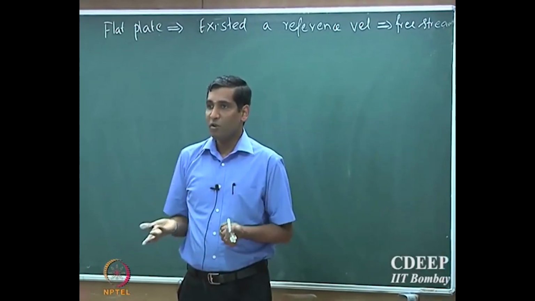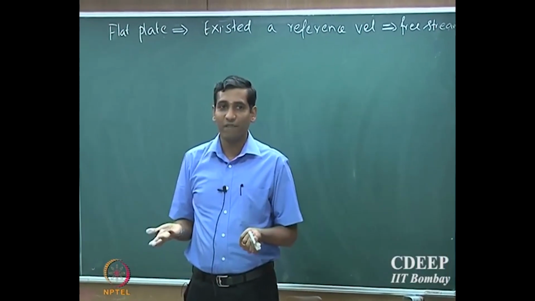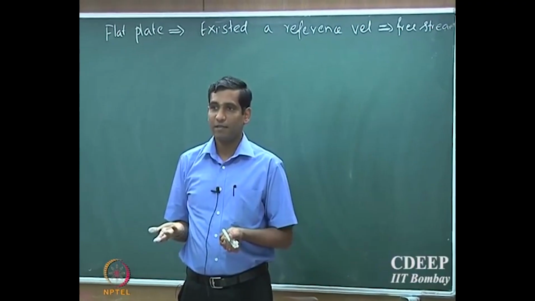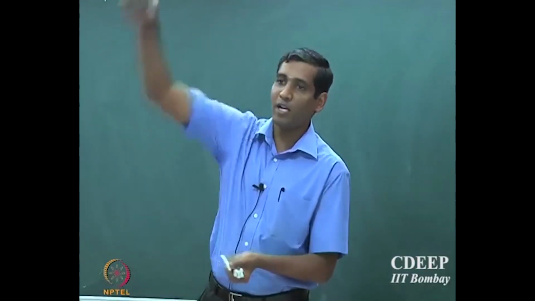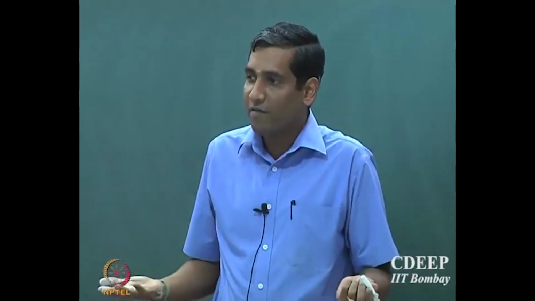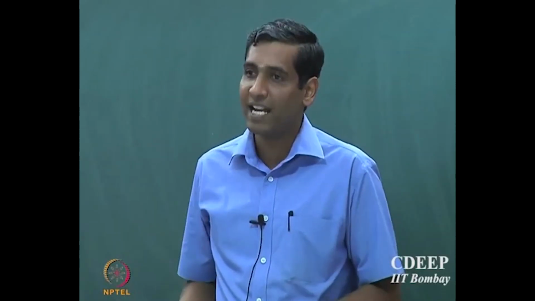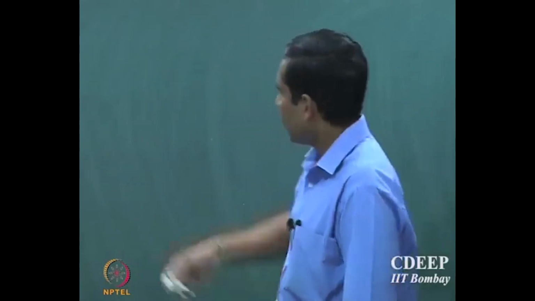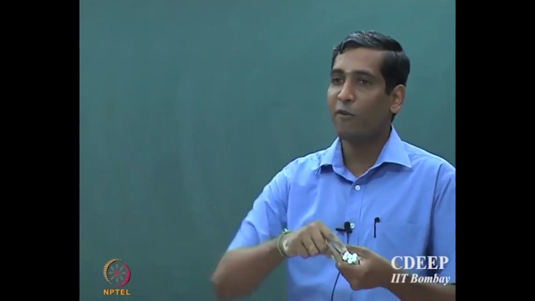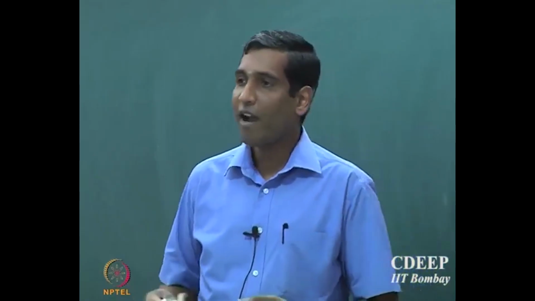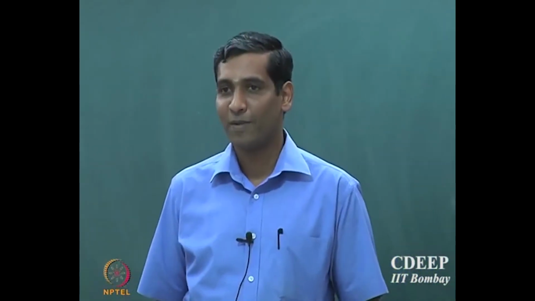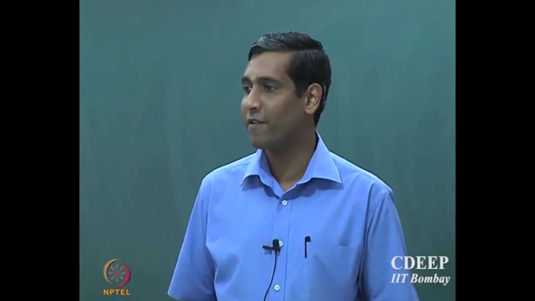But in a pipe flow, there is nothing called a free stream velocity, right? In a flat plate, whatever fluid was flowing well past the boundary layer, you said that's the free stream velocity, and we used that for all scaling purposes. But in an internal flow, when fluid is flowing through a pipe, there is no reference velocity. So we have to start from defining the reference velocity. What's the most appropriate reference velocity?